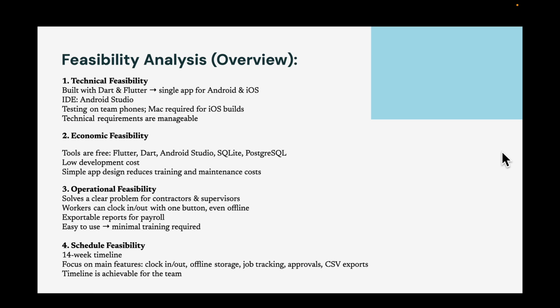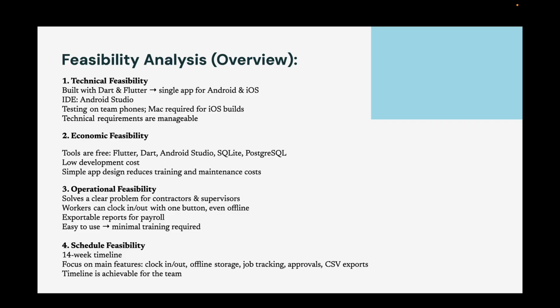And for our feasibility analysis, we looked at Dart, Flutter, Android Studio as our IDE for our technical feasibility and felt that was very feasible. And then for our economic feasibility, it was looking great because all of those tools were free. So we had very low development costs.